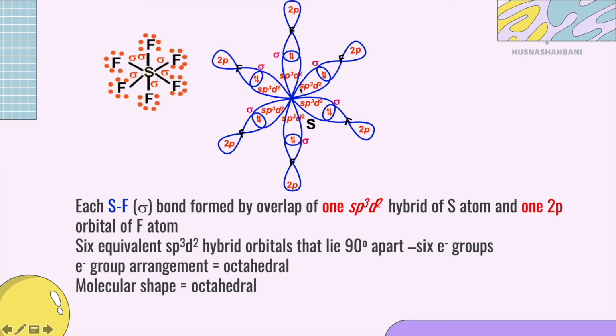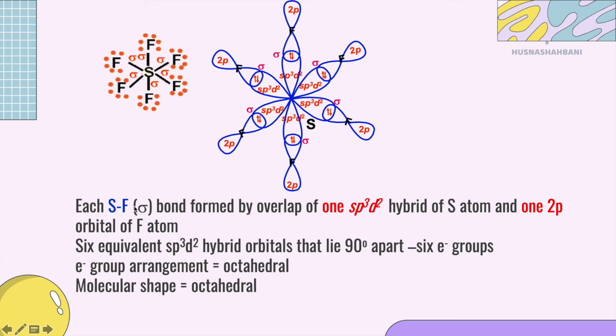Start with 4 in a plane and 1 above, 1 below. That is octahedral. Between these 4 in the plane, 90 degrees between them, and from above the central atom to the plane, 90 degrees, and from below the central atom to the plane is also 90 degrees.